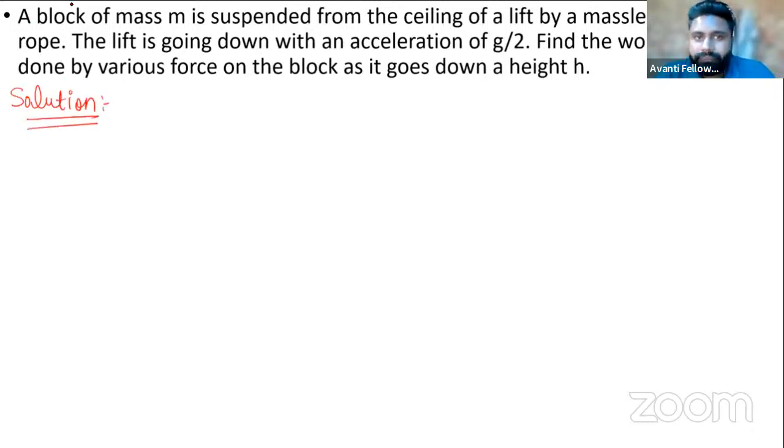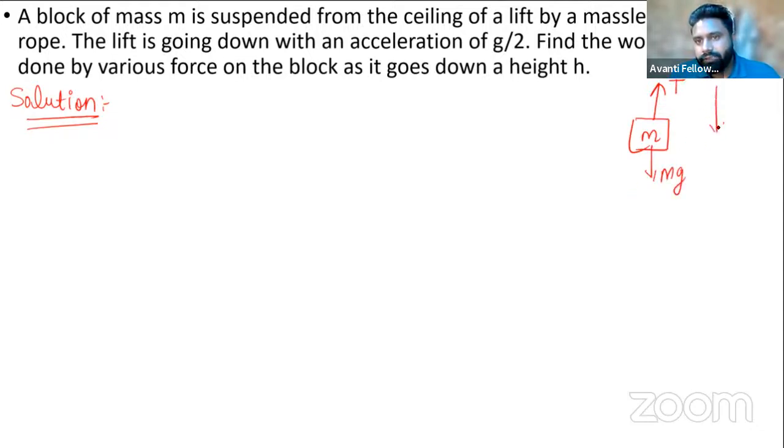A block of mass m is suspended from the ceiling of a lift by a massless rope. The lift is going down with an acceleration of g by 2. Find the work done by various forces on the block as it goes down a height h. So let's say initially the block is here. This is a small m mass block. The tension T will be applied in the upward direction, and the weight of the block is acting in the downward direction.